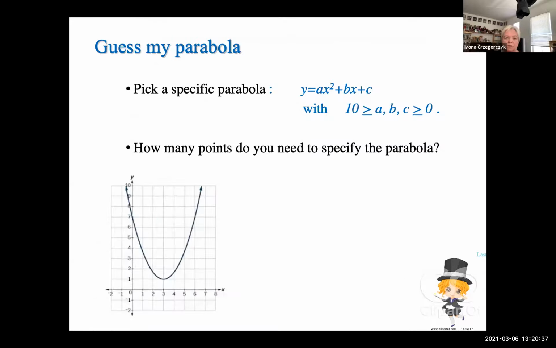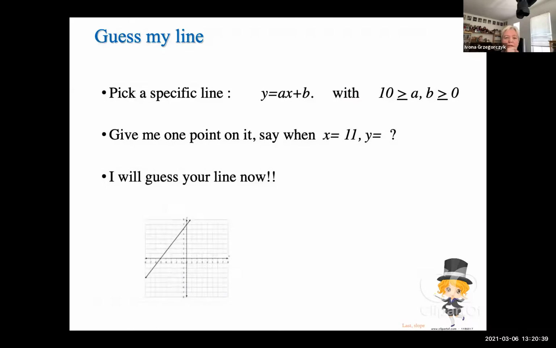Let's go back to this one, right? When we do the line, look, what would happen if I say, give me the value at x equal to 10? You're writing your line and I say, evaluate it at x equal to 10. That would be much easier for me, but it would be too easy for you to figure out what I'm doing.